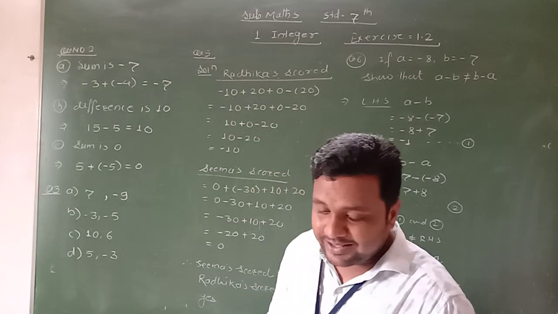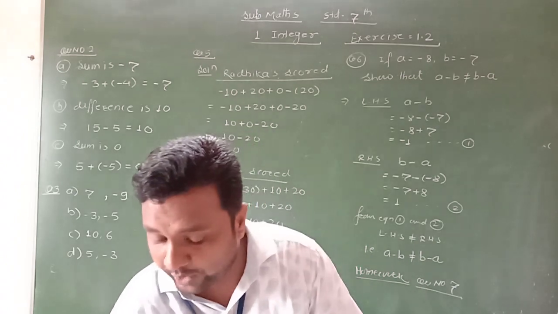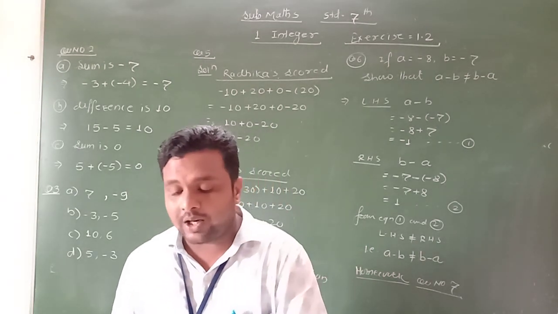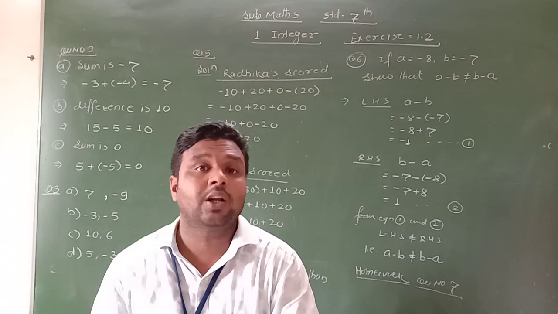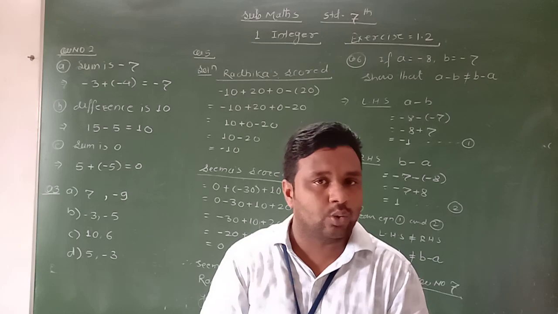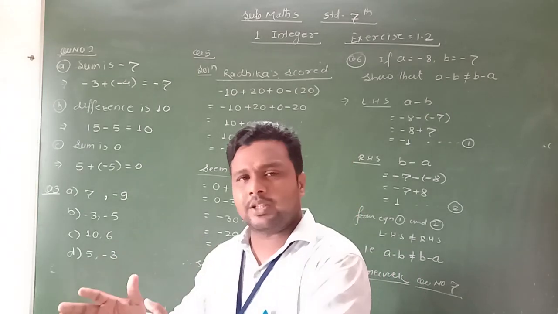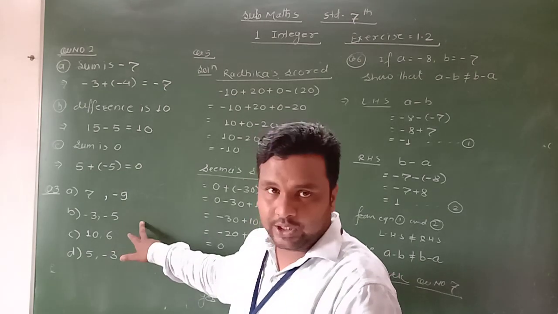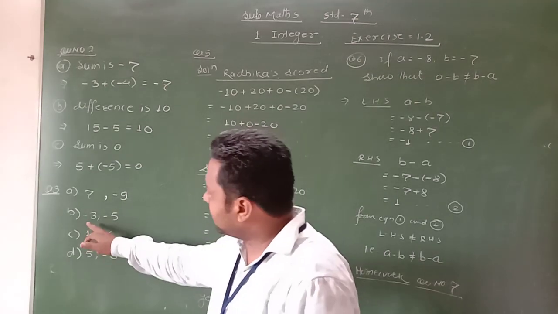Then the second part is given. You have to find two integers whose sum is an integer smaller than both the integers. Whatever the sum is after adding the two integers, that answer is less than the given integers. Here I take minus 3 and minus 5.